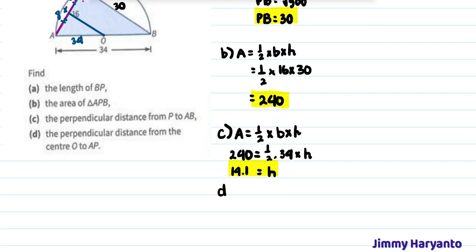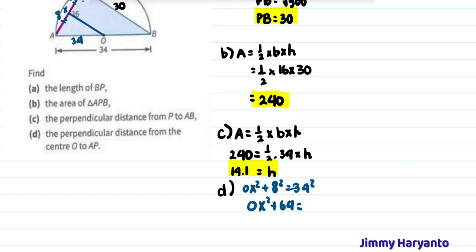OX square, using Pythagoras theorem, you will have the OX like this. OX square plus 64 equals 34 square, which is 1156.